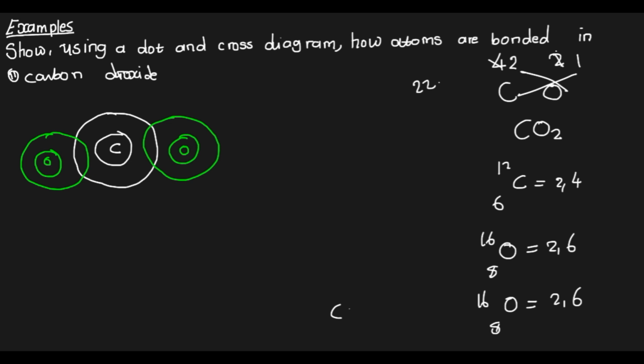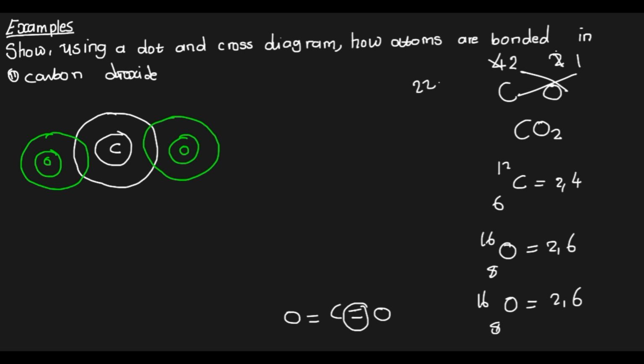Carbon forms 4 bonds, so we are expecting 2 bonds in between carbon and oxygen. The reason I'm using this format is to have a picture of how many electrons will be shared between the two atoms. Since we have 2 bonds in between, we need to have 4 electrons that will be shared.